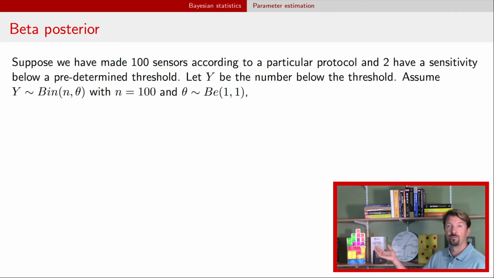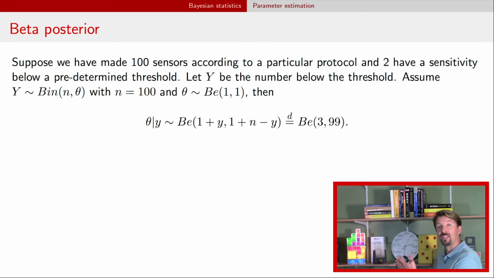Hopefully using this beta(1, 1) here will remind you that the posterior is also a beta distribution. That posterior is specifically a beta with the first parameter being 3 and the second parameter being 99. Notice how that first parameter relates to the number of successes. In this case, the sensor being below the threshold is a success.